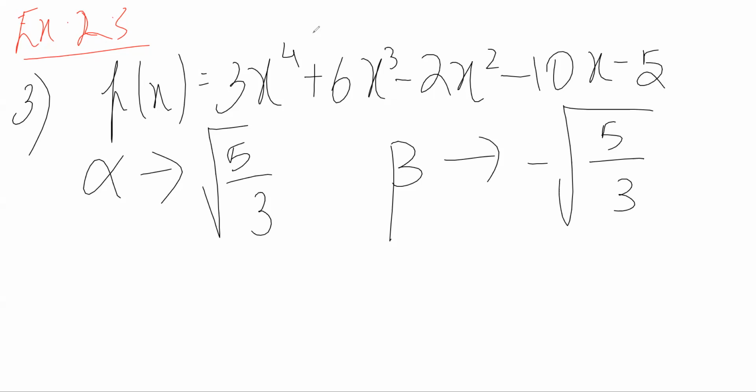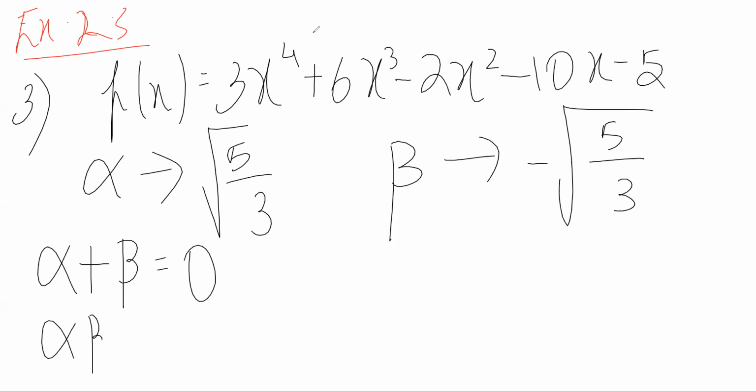So first, what you need to do is find alpha plus beta. What is alpha plus beta? It is 0 in this case also, because root 5 by 3 and minus root 5 by 3 is 0. Then alpha into beta. What is alpha into beta?